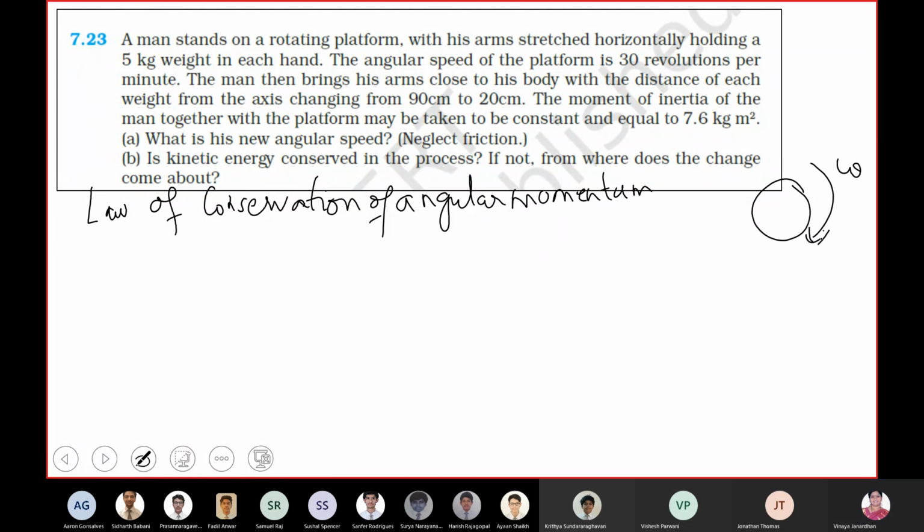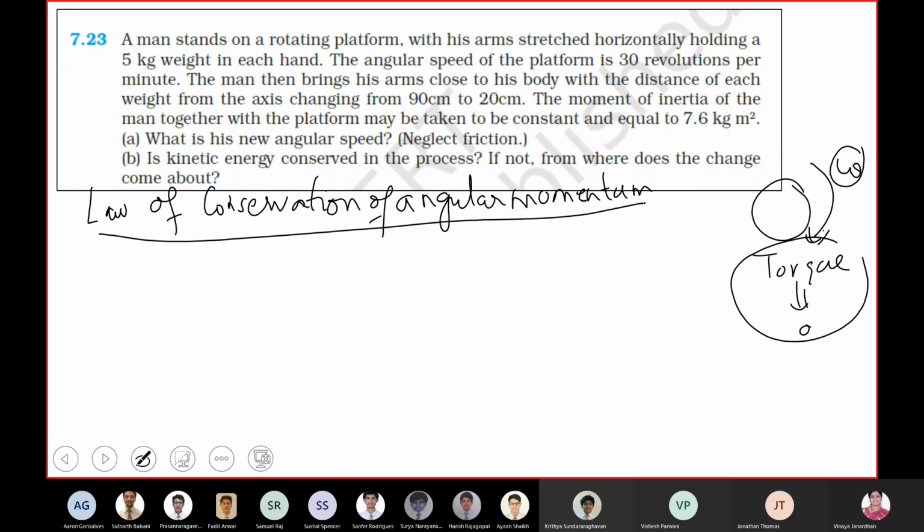It keeps on rotating with the same speed unless you apply a torque. Only when you apply a torque, the body gets accelerated and undergoes angular acceleration. If there is no torque, the body will continue to rotate with the same angular speed. That is your law of conservation of angular momentum.